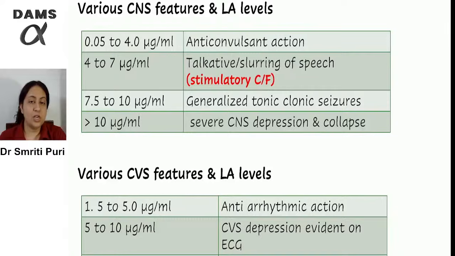From 0.05 to 4 microgram per ml, there is an anticonvulsant action, so there is a therapeutic action. 4 to 7 microgram per ml, the patient is talkative, or there is slurring of speech, which is a stimulatory CNS feature. 7.5 to 10 microgram per ml, there are generalized tonic-clonic seizures, and more than 10 microgram per ml, there is severe CNS depression and collapse.